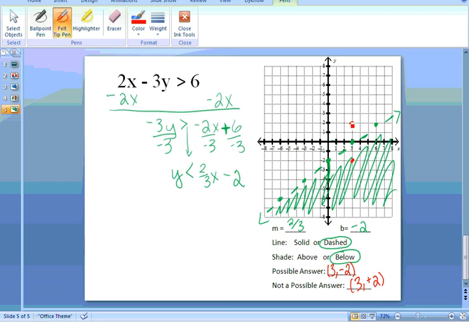And if we want to check something that would work this time, a possible answer, let's try this one. +3 times 2 minus 3 times y, which is -2, greater than 6. So I have 6, negative times negative, so +6 is greater than 6. So is 12 greater than 6? Yes. That's going to work. If you want to see if a not possible answer would work, you would check it the same way.